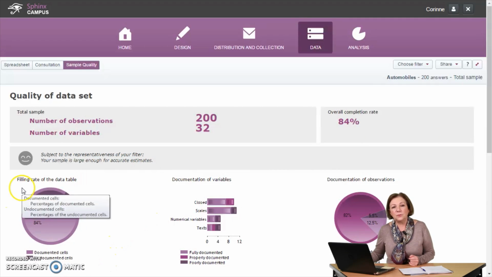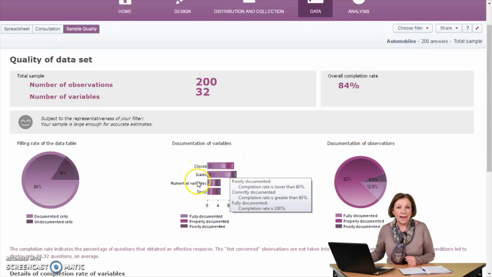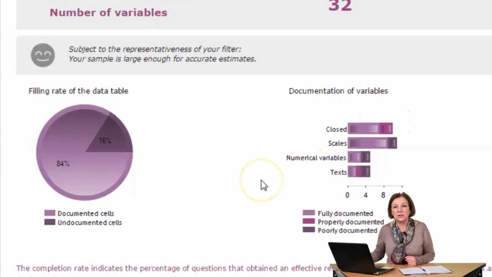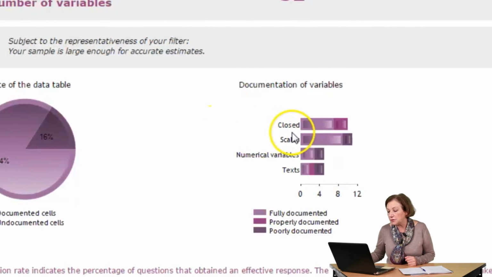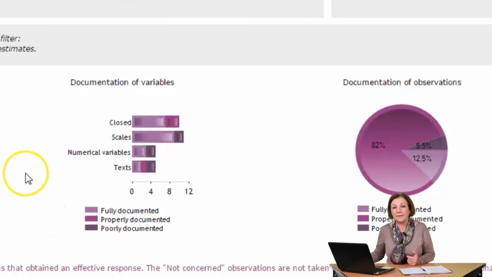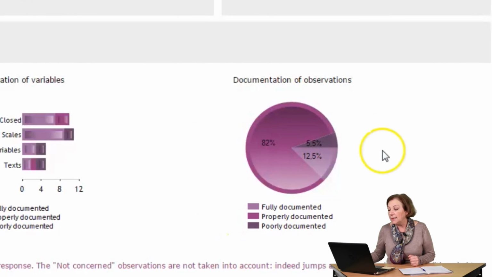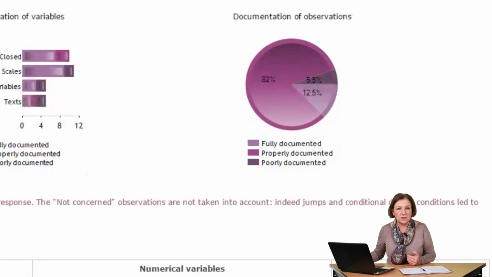Other things that we see on this quality of the sample is the number or the proportion of questions that have been filled out correctly. We have a distinction in terms of the nature of the variables. Remember we have closed questions, we have scales, we can have numerical questions, as well as an indication of the documentation of the observations.